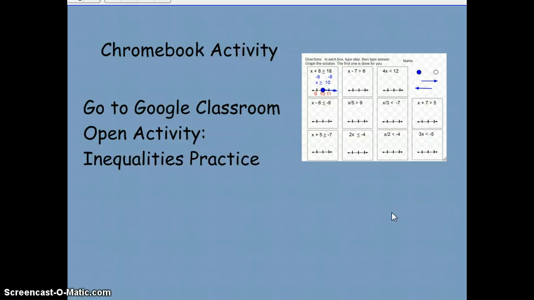Remember, you don't share it. You will turn it in to me. If you do have any trouble, then tomorrow when I get back, we will certainly get it turned in. And then once you're done with that, you can go ahead and get started on your homework, and your IXL assignments for this week are also at Google Classroom.